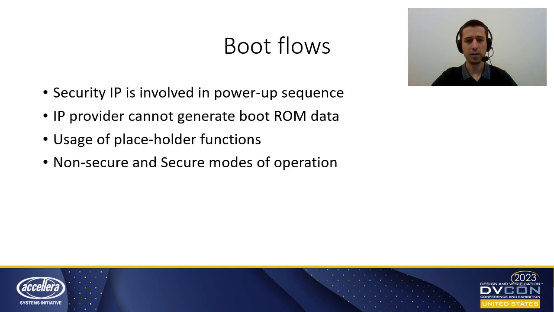This is not actually correct. Why? Because the IP provider is not aware of our power up sequence. In their boot ROM, they have only the internal configuration of the security unit, but they don't know our address space and our transfers that need to be done. So we need to produce our own boot ROM.